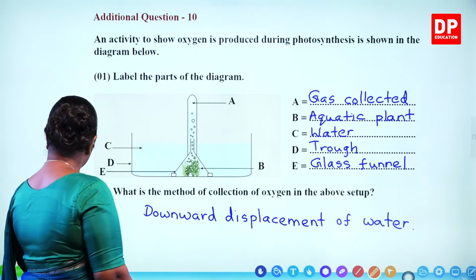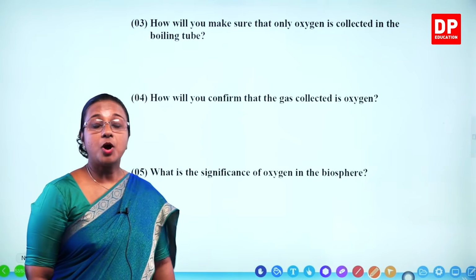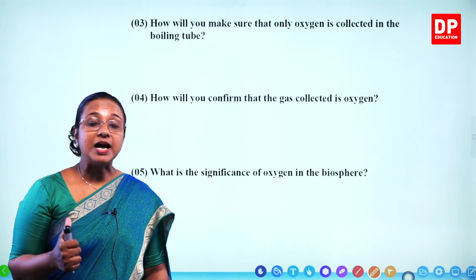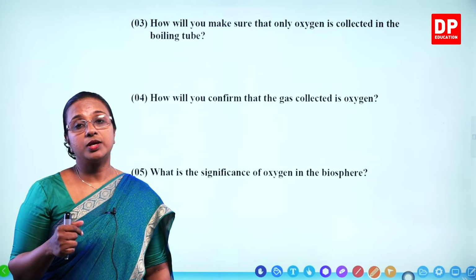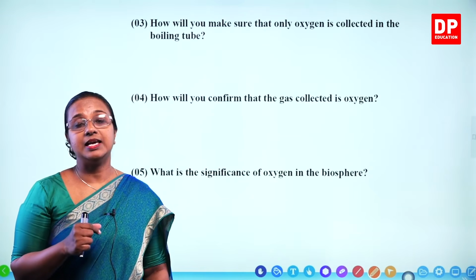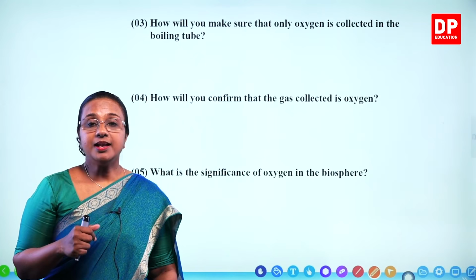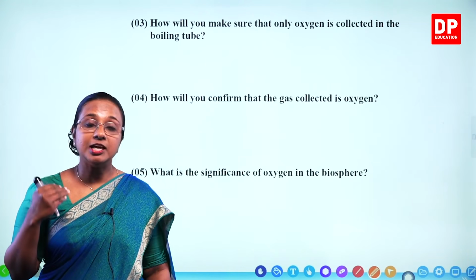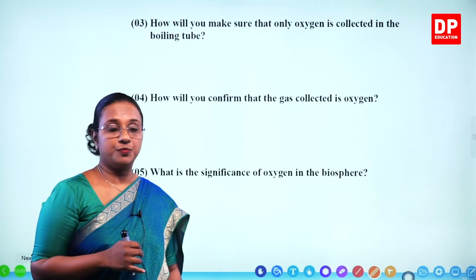The next question: how will you make sure that only oxygen is collected in the boiling tube? How did we make sure? By filling the test tube completely with water without allowing any air bubbles. By doing that, we made sure that only the gas, that is oxygen, evolved by the plants is collected in the test tube.